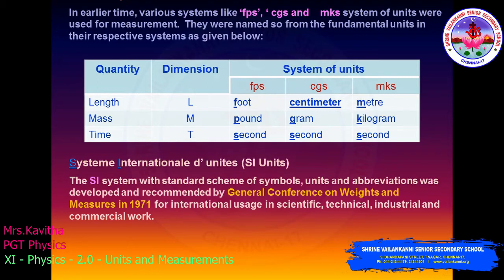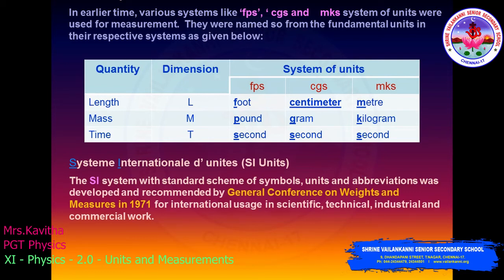What is the MKS system? The system is based on the meter, kilogram and the second as the fundamental units of length, mass and time. Understand? These are given in the tabular column: the quantity, dimension, system of units.